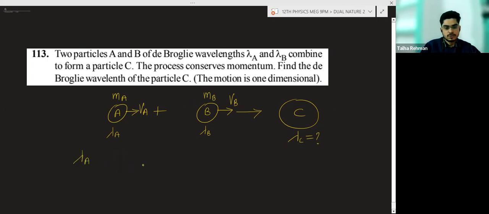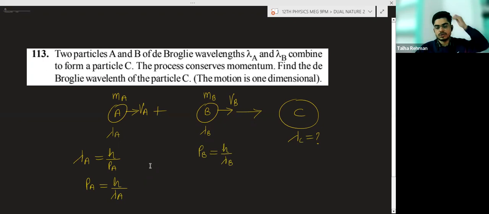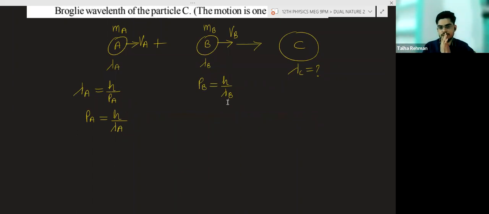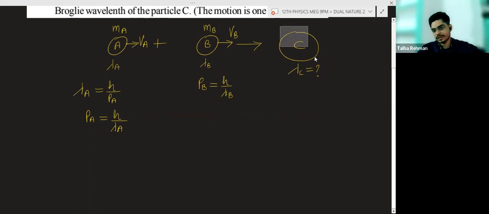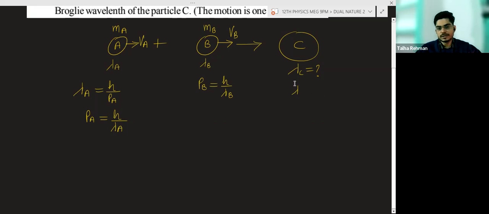Lambda A is h by momentum of A. So momentum of A is given by h by lambda A. Similarly, the momentum of particle B will be h by lambda B. This is the initial momentum of the system, and finally they are combining and become C. So the momentum of particle C we have to find.